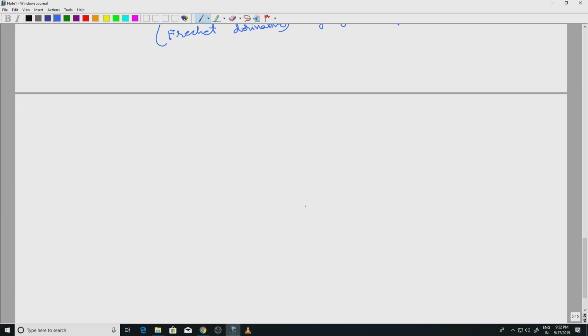Well, this was for the case of a function from Rn to R. It's easy to generalize this to Rn to Rm. Now consider f from U to Rm.